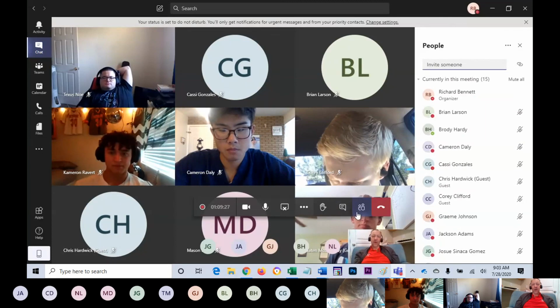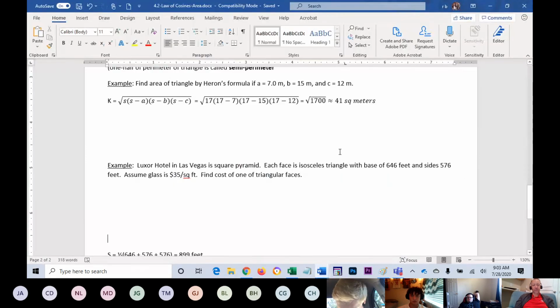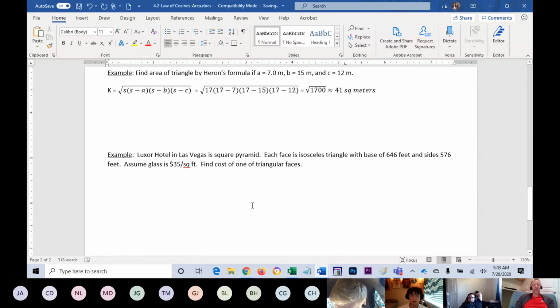All right, let's talk about the Luxor Hotel. You guys all remember the Luxor, right? Down in Las Vegas. Each face is an isosceles triangle with a base of 646 feet and sides of 576 feet. Assume the glass is $35 per square foot.